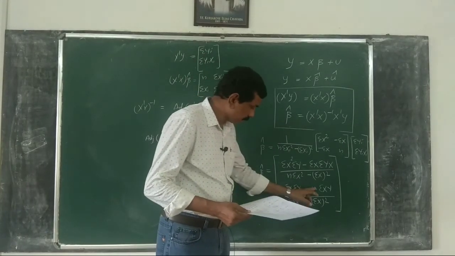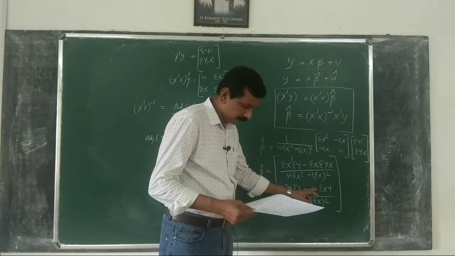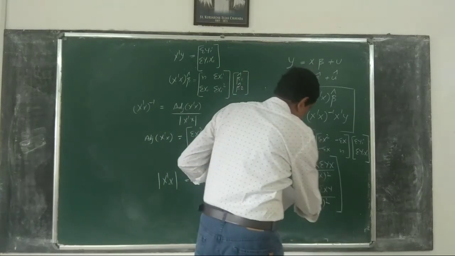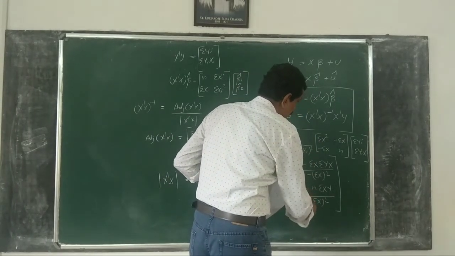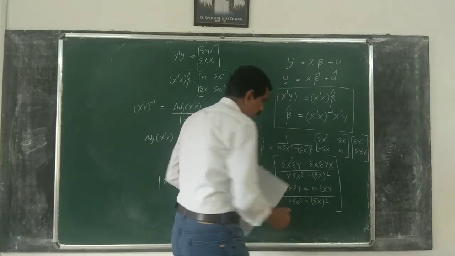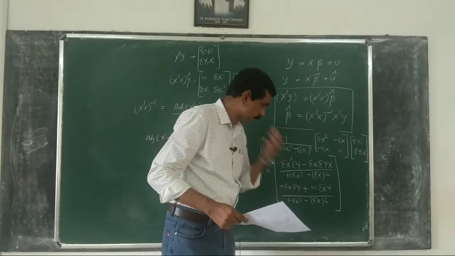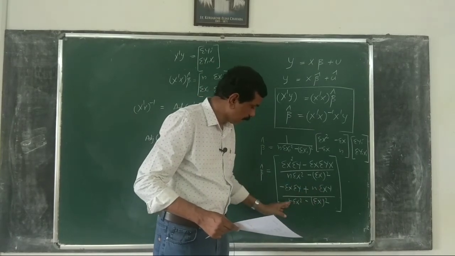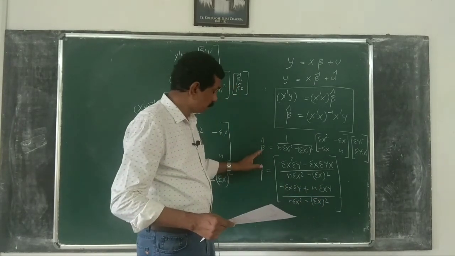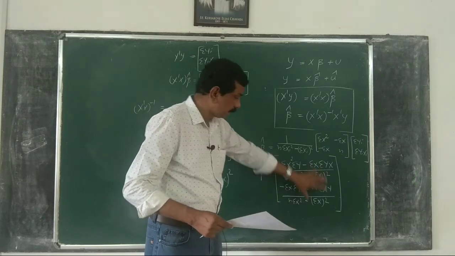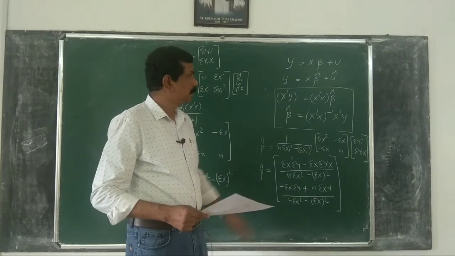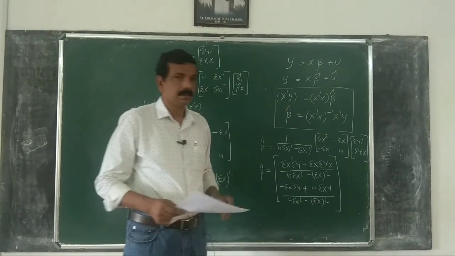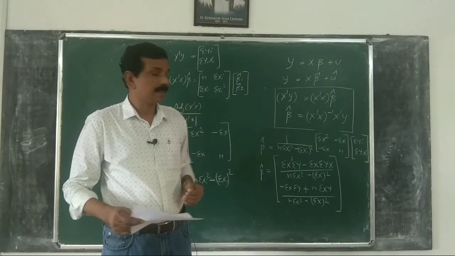Beta 2 hat is, you write this first, n into sigma xy minus sigma x into sigma y, divided by this. So this is beta 1 hat and beta 2 hat. So this is how we derive the OLS vector in matrix form.